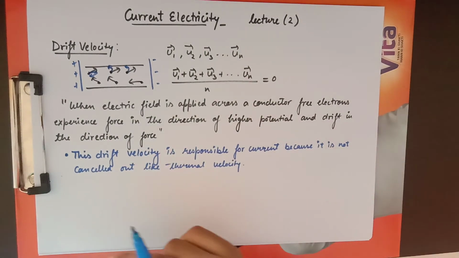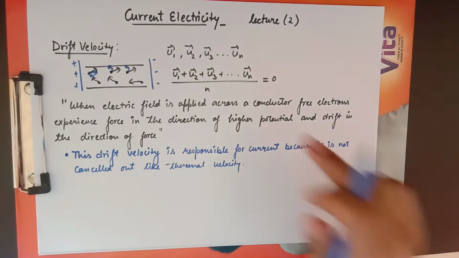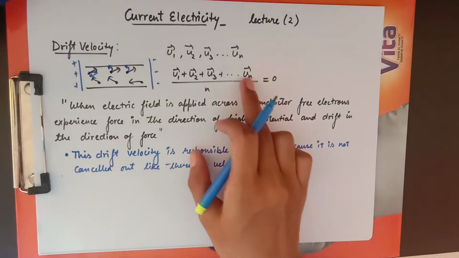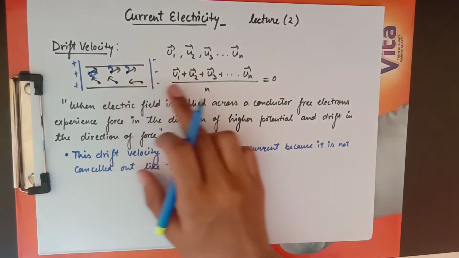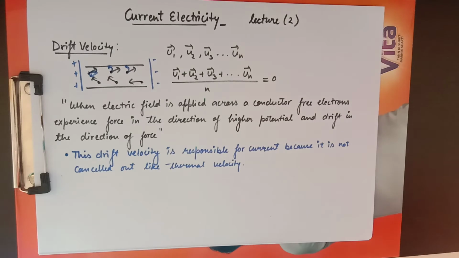And the net drift velocity is not 0, as all the free electrons are moving towards the higher potential. So this drift velocity is responsible for current because it is not cancelled out like thermal velocity. As you saw, the net average thermal velocity comes out to be 0, but the drift velocity has some value, it does not come out to be 0. So this drift velocity is responsible for current.